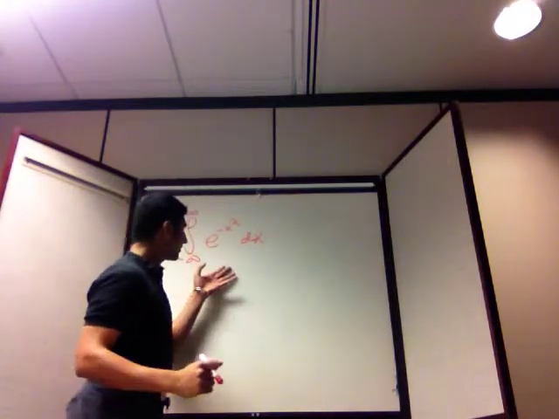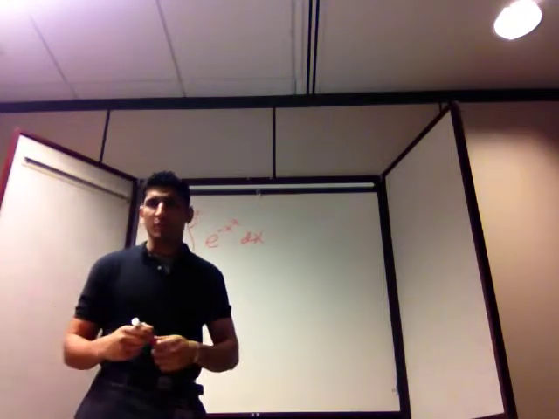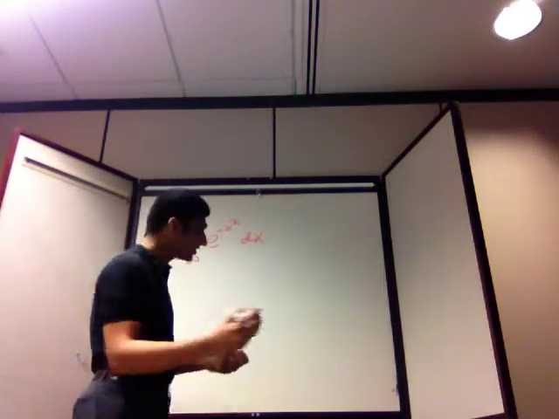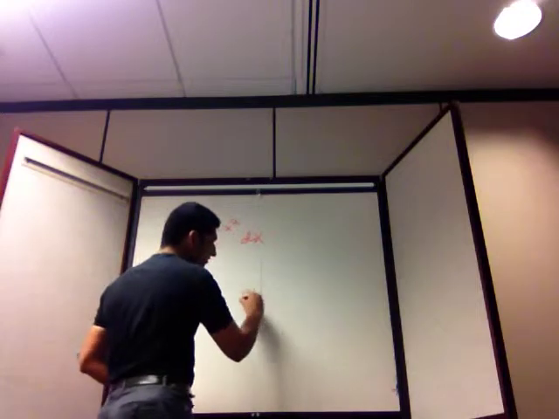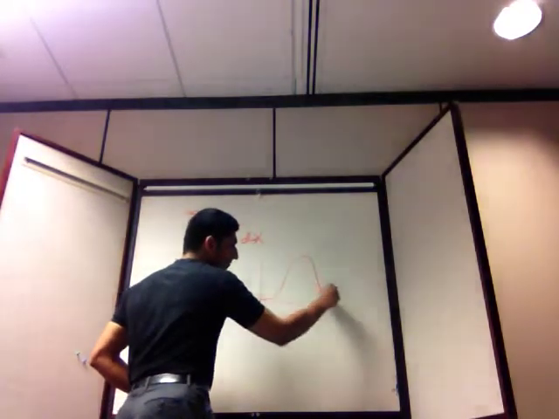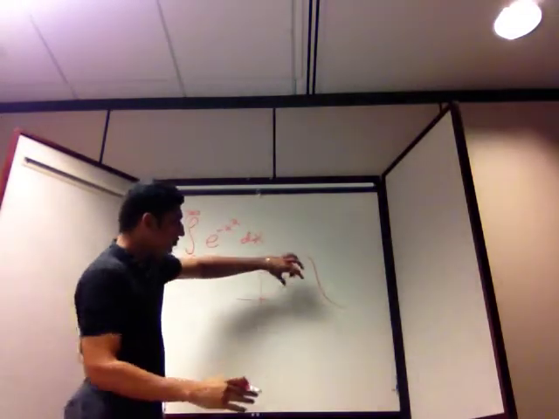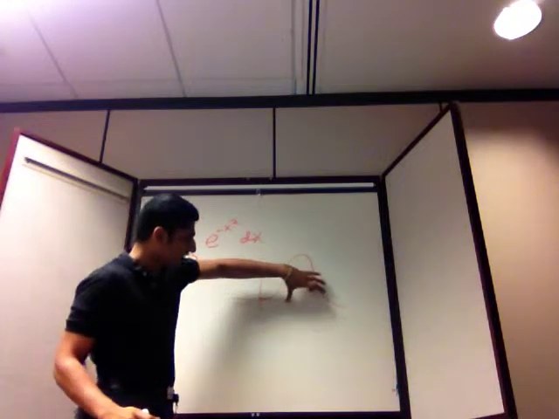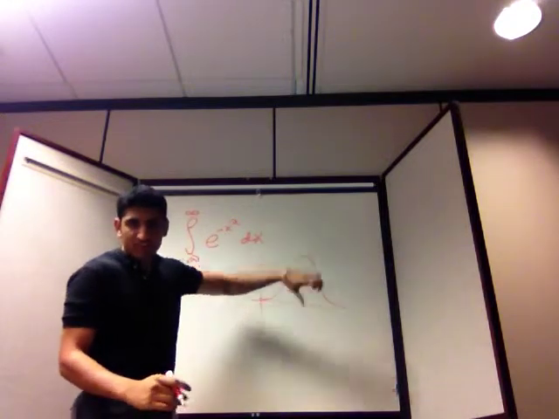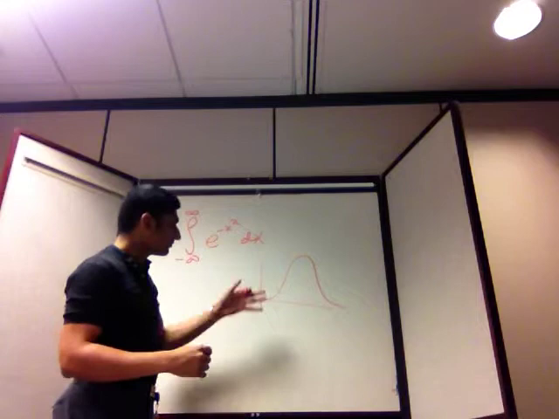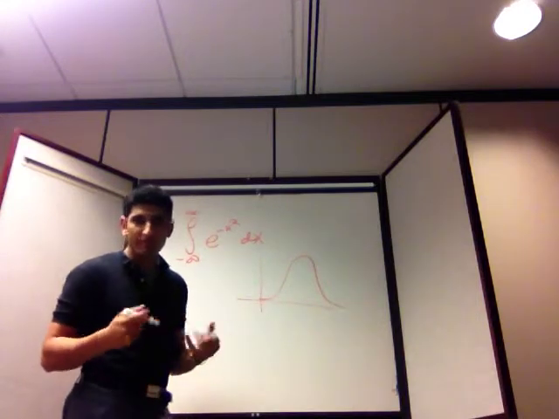Now this shows up all the time when we're dealing with normal distributions, distributions which look like the bell-shaped curve, where we have a majority in the center, and as you go to extreme values, extreme lows or extreme highs, the number of occurrences tapers off.